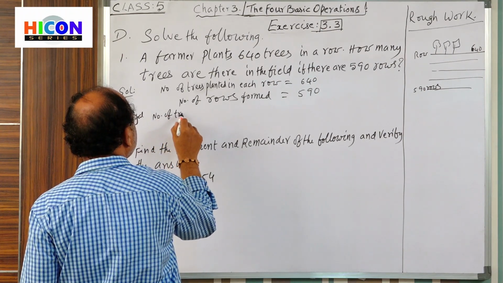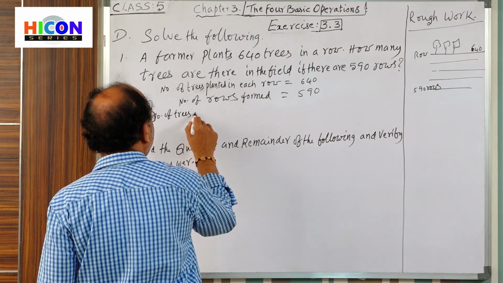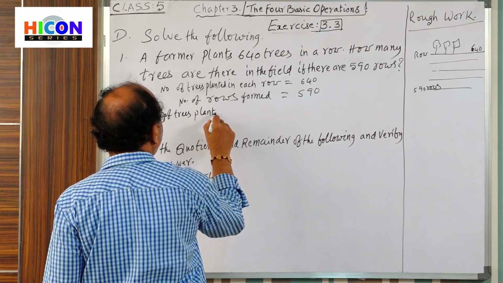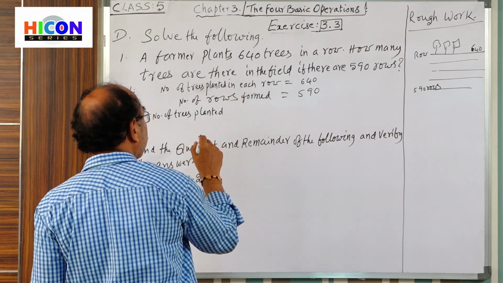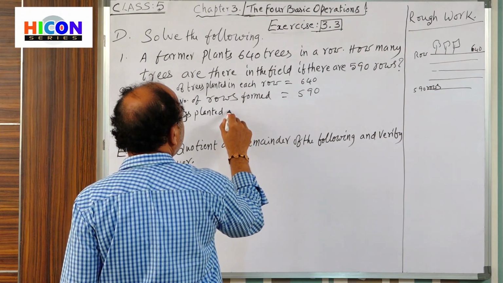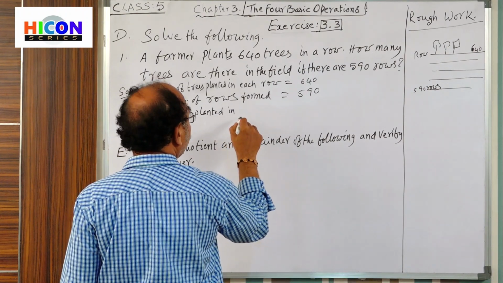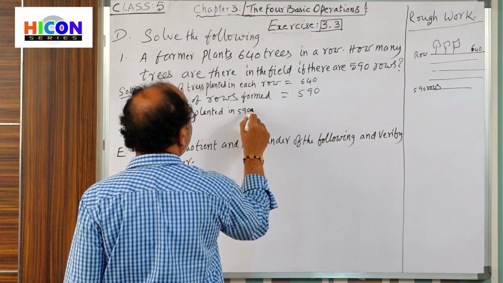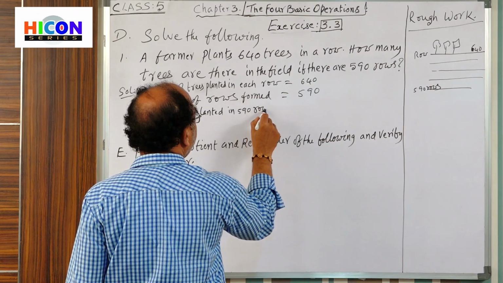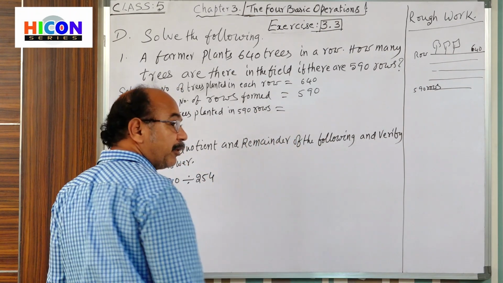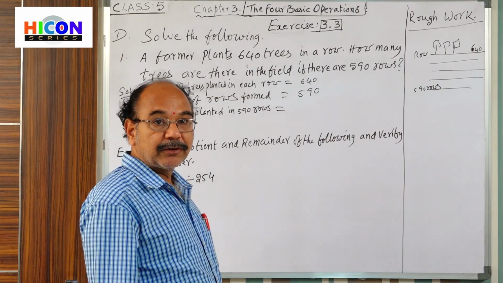Okay, children? So here, total number of trees planted in 590 rows.